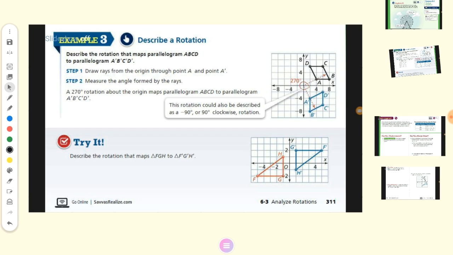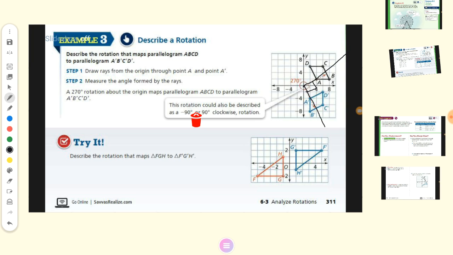Okay? Draw rays from the origin point to any fixed point in the shape. The nearest point to the origin is A. So we will draw a straight line from the origin point to A like this one. Then another straight line to A dash.